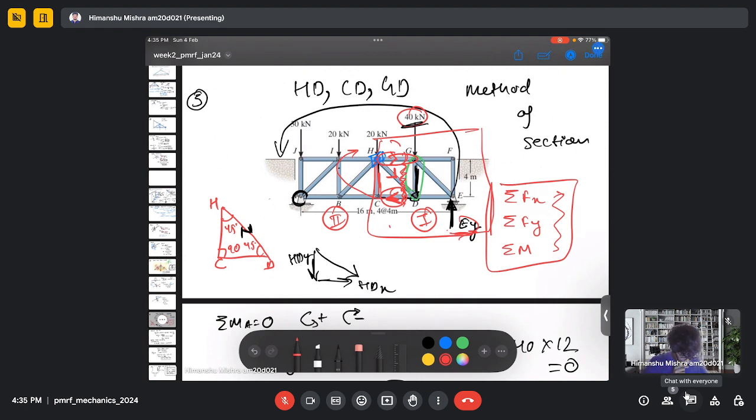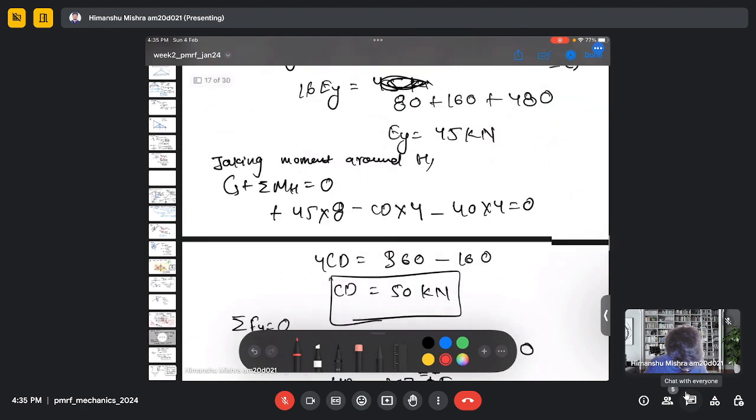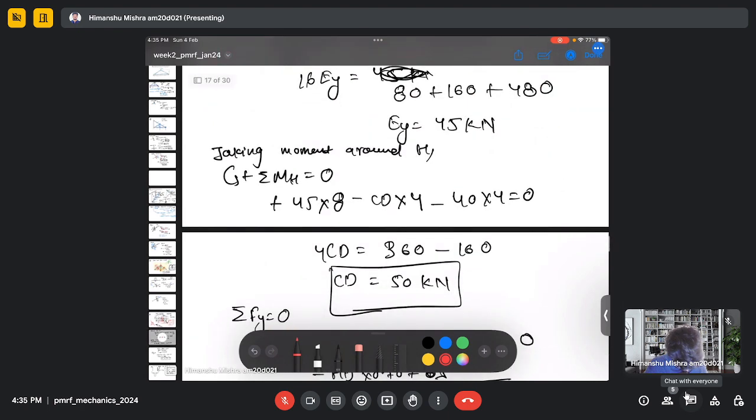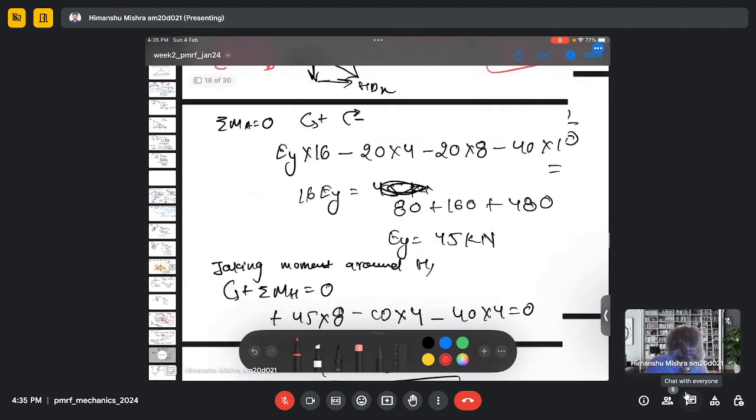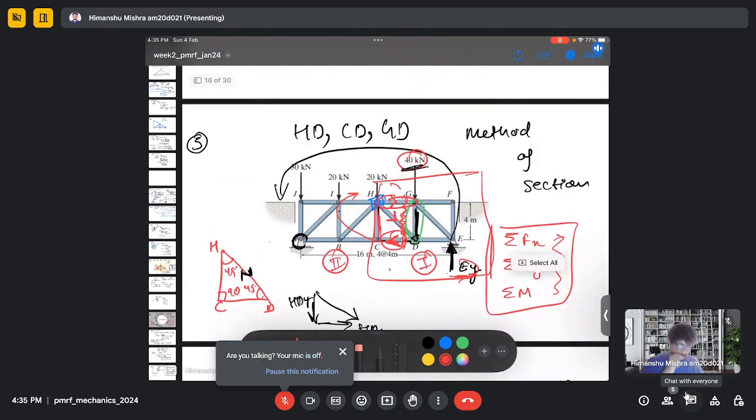Similarly, to calculate the force at CD, we use the method of joint. And we can also use the method of section to find the force at GD.